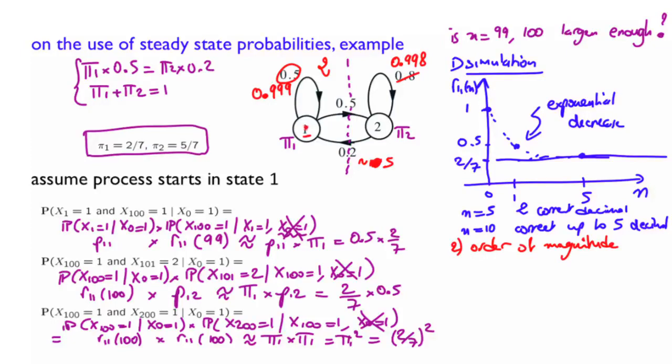Now, in order to observe such a transition, since this number here would become 0.001, it would take on average about 1000 time steps to observe one such transition. So if you look at time steps of that order, it will not be enough if your chain were of this type. After n equals 100, the likelihood would be that you will still be here, so the initial condition would still matter.